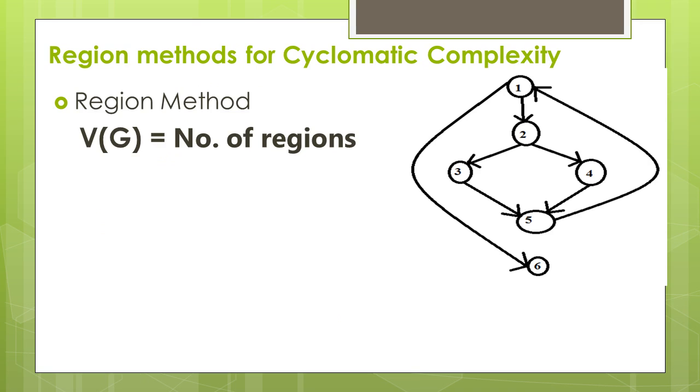Another method for cyclomatic complexity is the region method. It means we have to count the number of regions in the flow graph. For the same example, the number of regions is the area under the boundaries. If we count the number of regions in this control flow graph, it is 3.